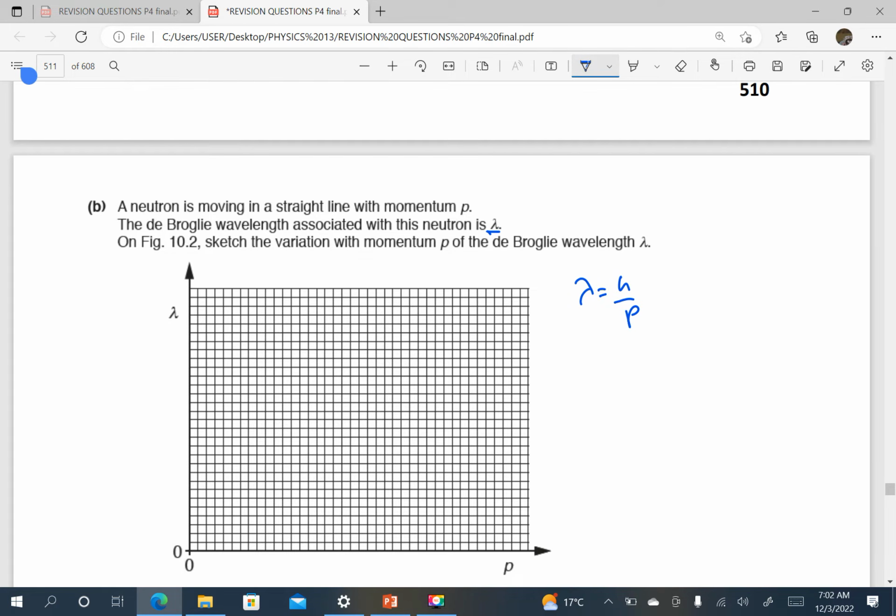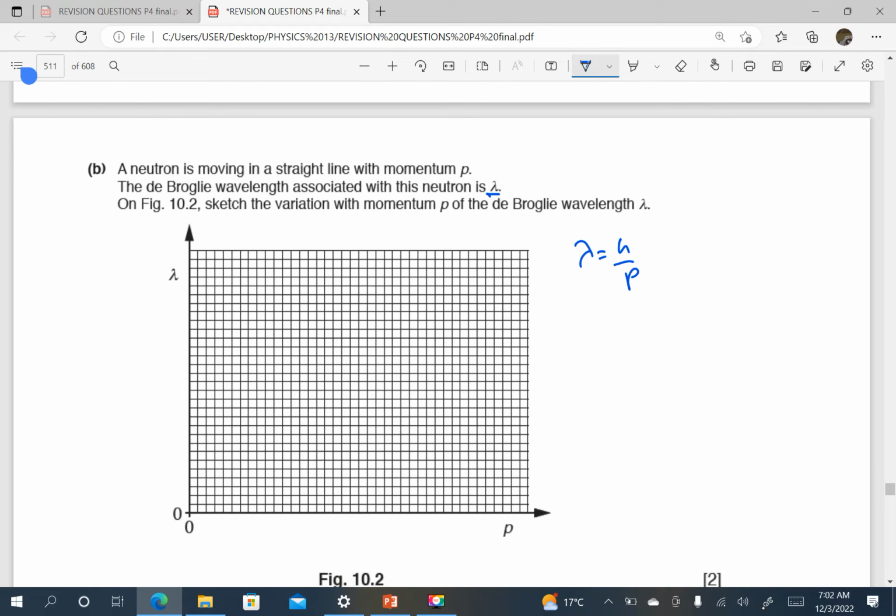Suppose p tends to 0. If p is tending to 0 or is equal to 0, lambda is going to be tending to infinity. So the graph will not touch the vertical axis. If p tends to 0, lambda tends to infinity.